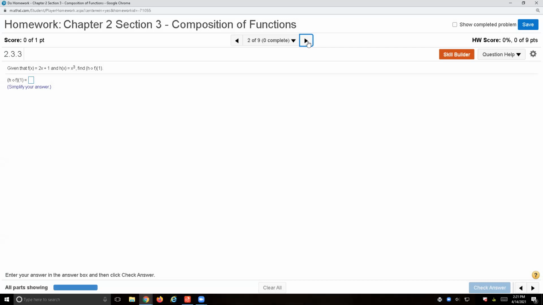We have f of x is equal to 2x plus 1. h of x is x cubed. We're asked to find h of f of 1.